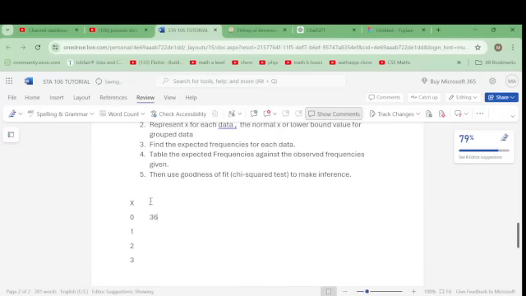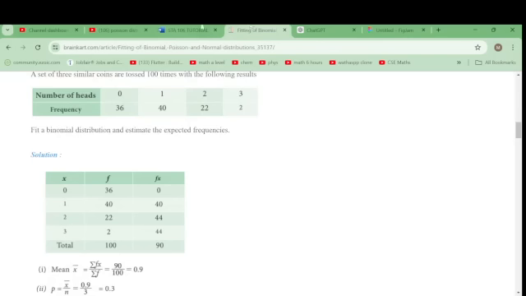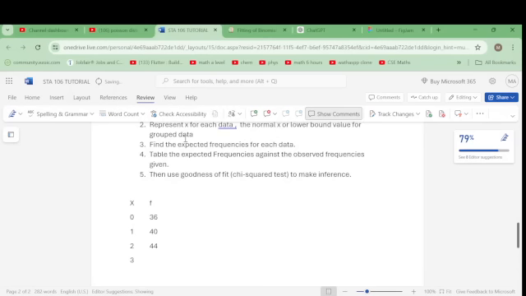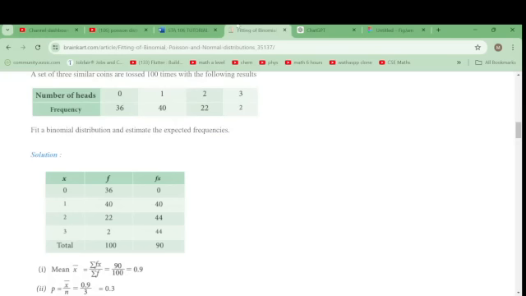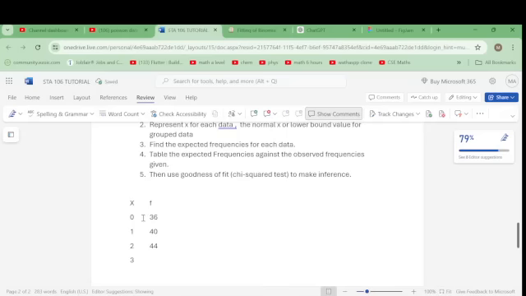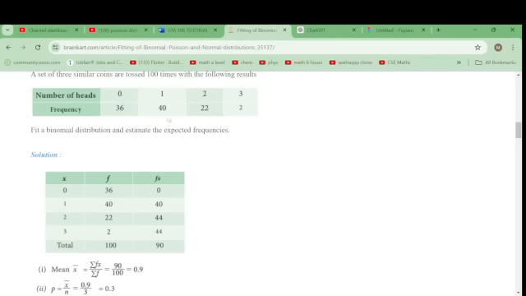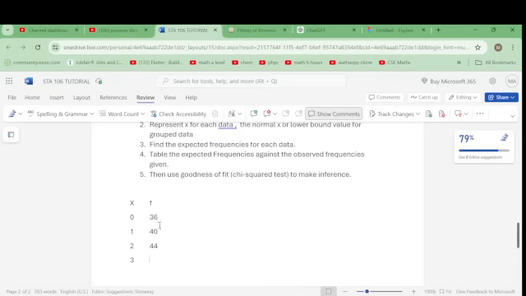It just means we get 0 36 times, we get 1 40 times, we get 2 how many times? No, I think I made a mistake. 36, 40, this is 22, and then this is 2. Now we need our fx. That's the f times x.